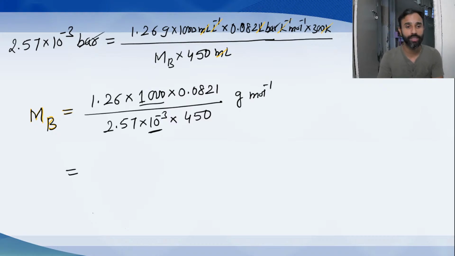So it is 89.44. I think somewhere we got it wrong. Wait, where did it go wrong? Oh, 300, we have to multiply by 300. It is left out. So into 300.